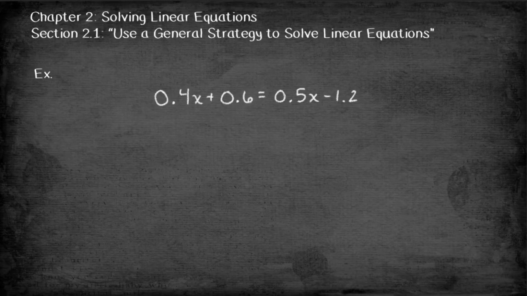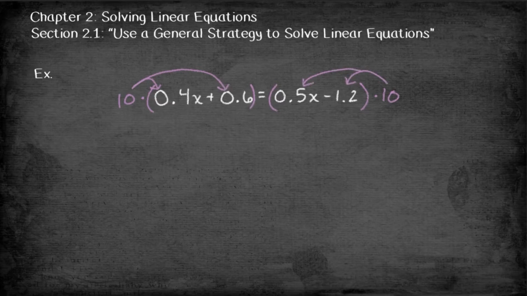So you see here that the only decimals in this equation have 1 decimal place. So if I were to multiply both sides of this equation by 10, all the while remembering to distribute, then I would end up with 4x plus 6 equals 5x minus 12.